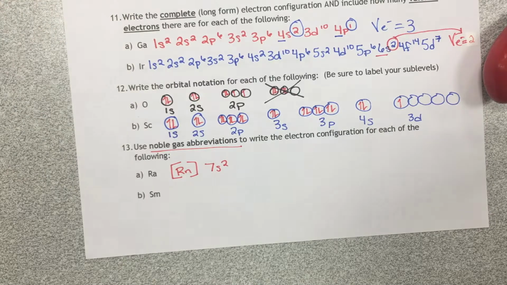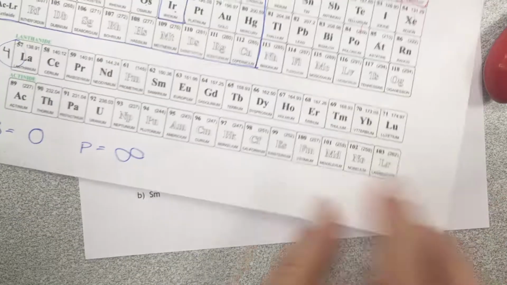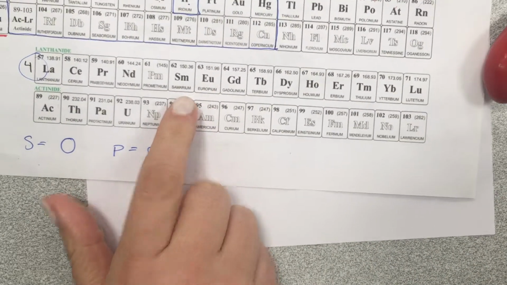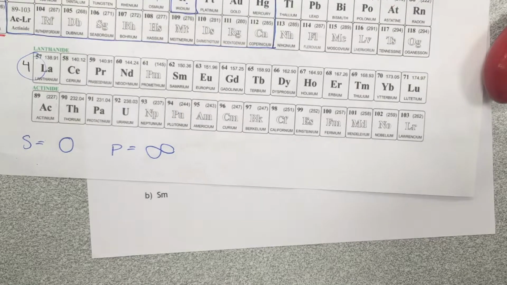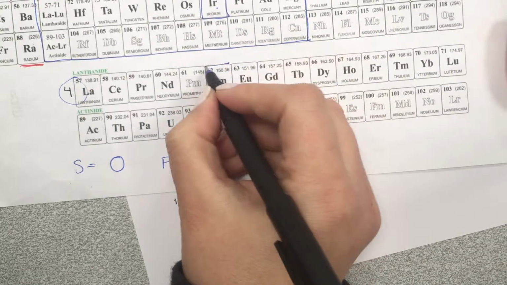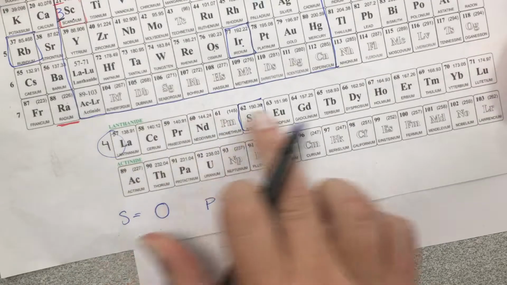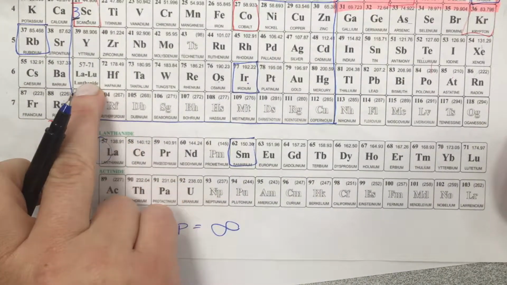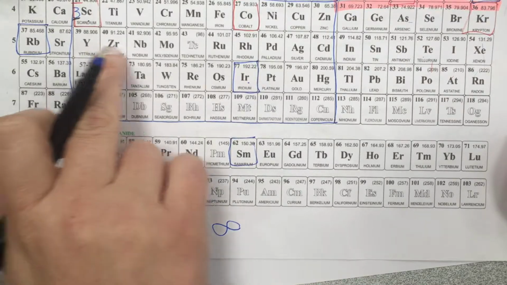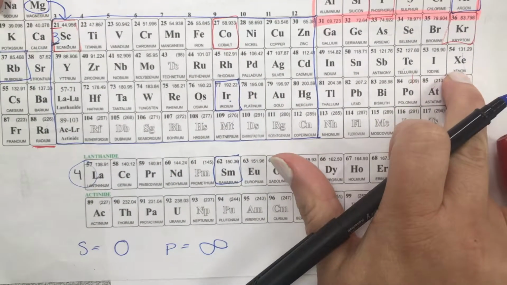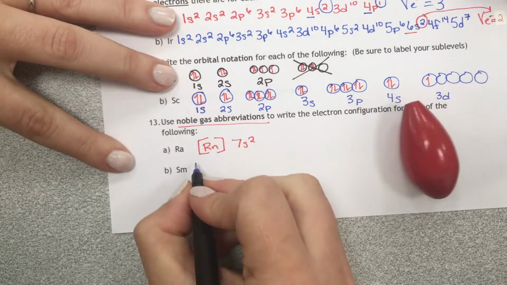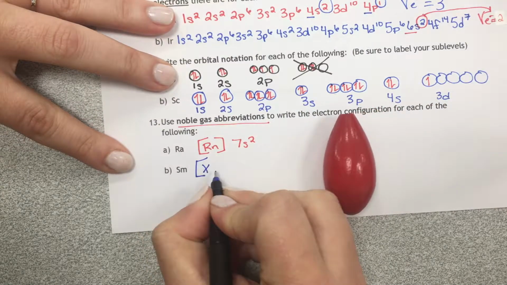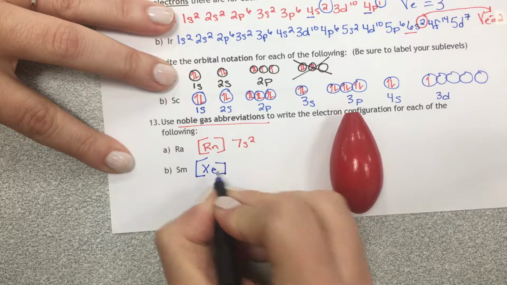That's it. And then Sm, I think that's samarium, okay? So samarium, remember this whole line, you can kind of assume it's right here. So here, you go up into the most previous noble gas, which is xenon. So it will have xenon, okay?